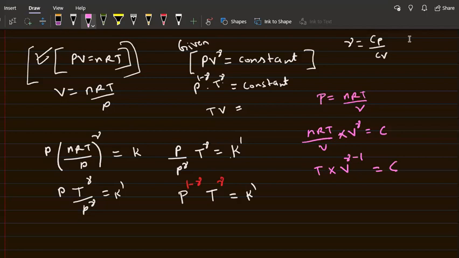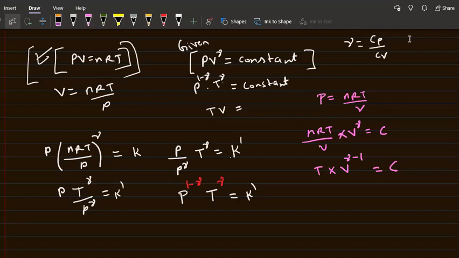Got it, everyone? Yes or no? Tell me. Just substitute P as nRT by V in the first equation, PV to the power gamma, right?